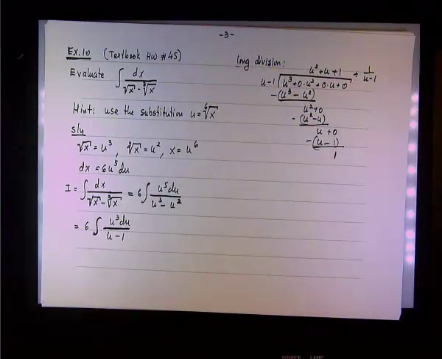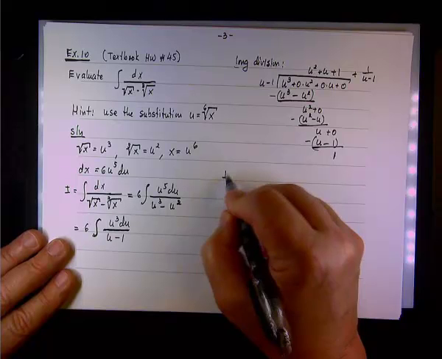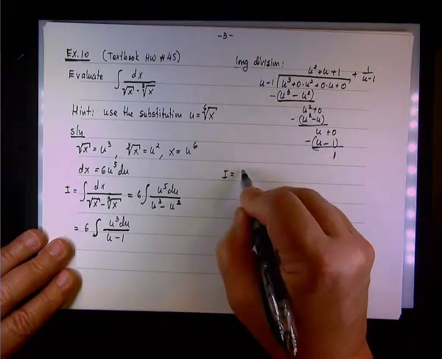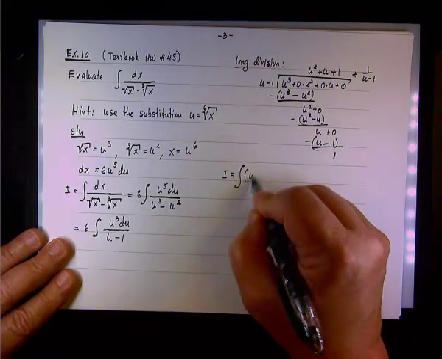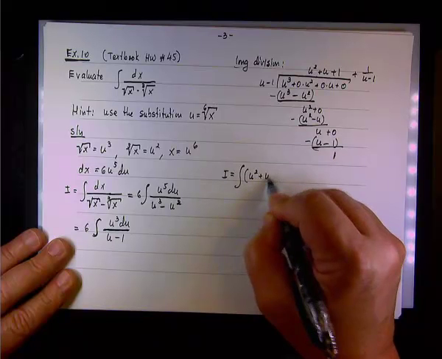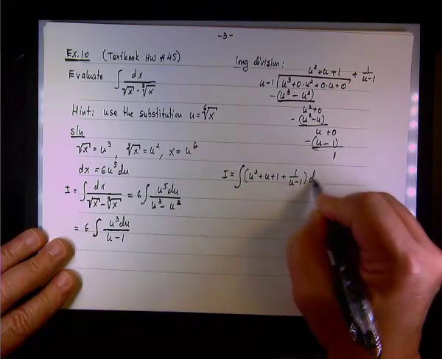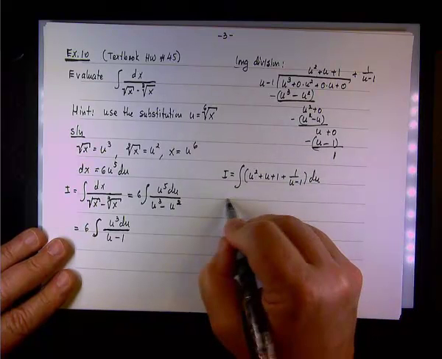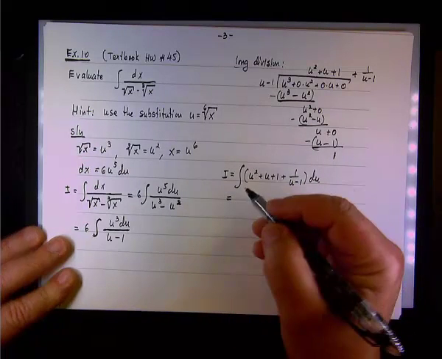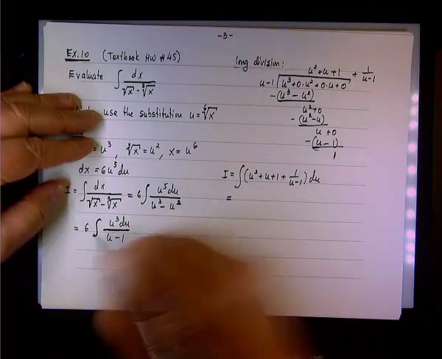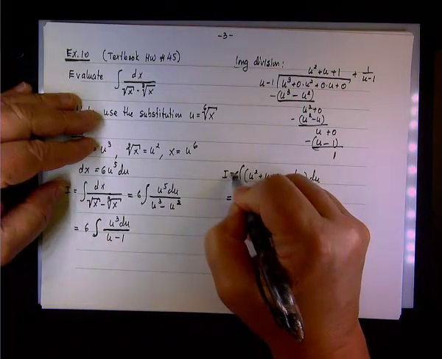So the quotient is u squared plus u plus 1, plus 1 over u minus 1. Okay, so now the integral I is 6 times the integral of u squared plus u plus 1 plus 1 over u minus 1 du.